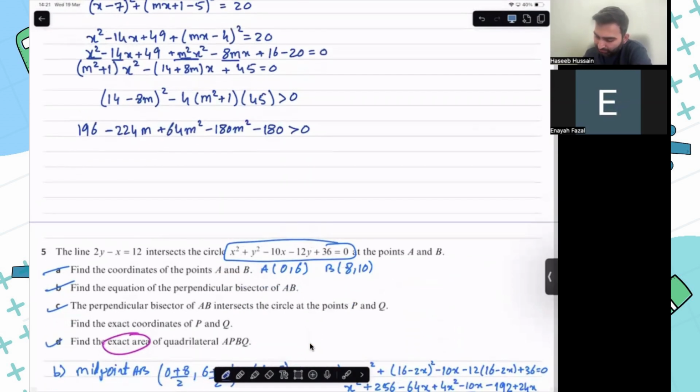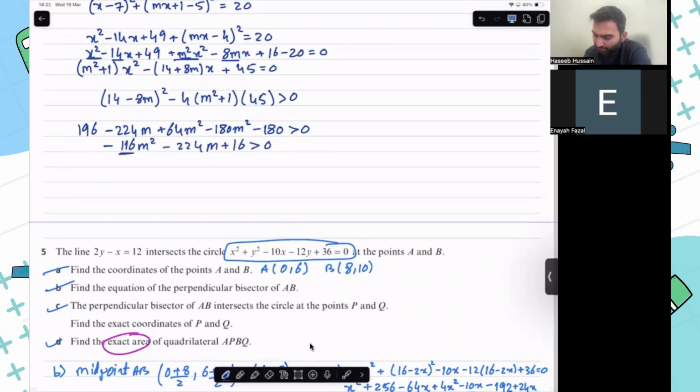So that's minus 180 plus 64, which is minus 116 m square, minus 224m plus 16, more than 0.